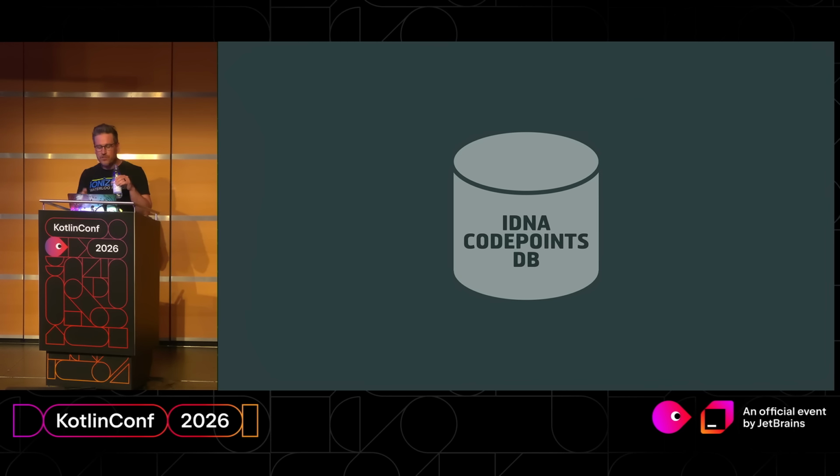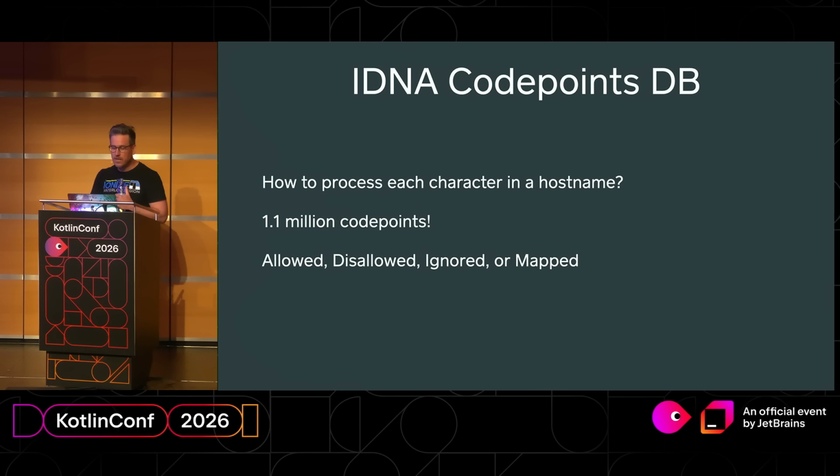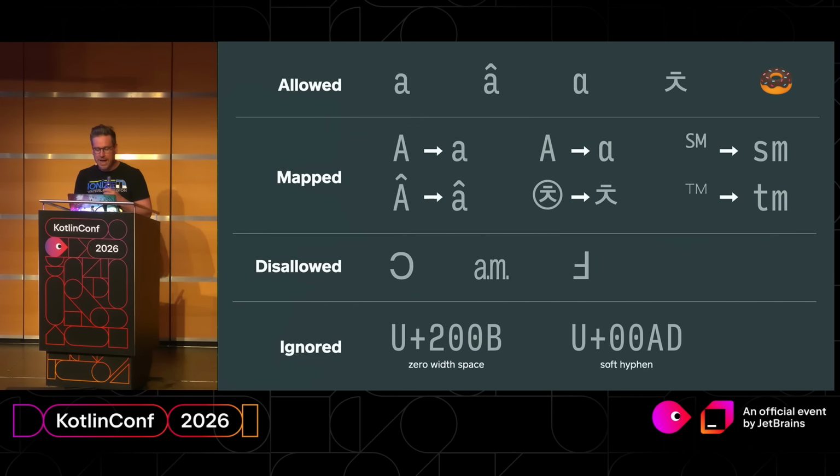So there's a different database in OkHttp called the Internationalized Domain Names for Applications Code Points DB. And the question here is how to process each character in a host name. There's 1.1 million code points, and every character, like the letter A, is allowed, disallowed, ignored, or mapped.